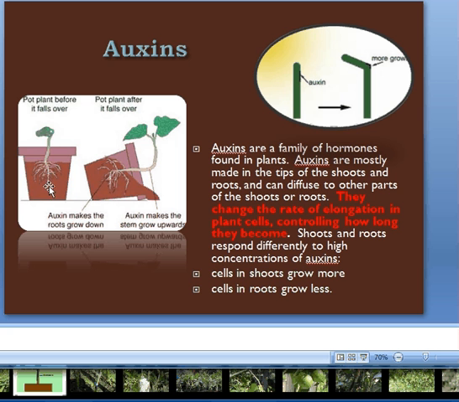In this example, the pot hasn't turned over yet, but if the potted plant were to fall over, those auxins again make that plant go straight up. It makes the cells elongate. If it's near the tip, it makes all of the cells elongate, and straight up it goes toward light. And the roots now grow less. So just be familiar with that when we're talking about auxins.